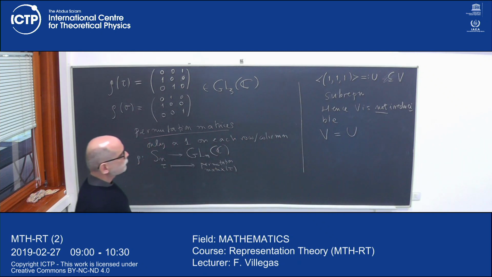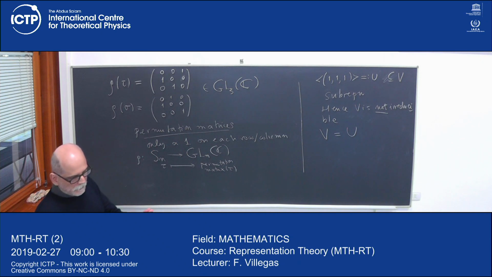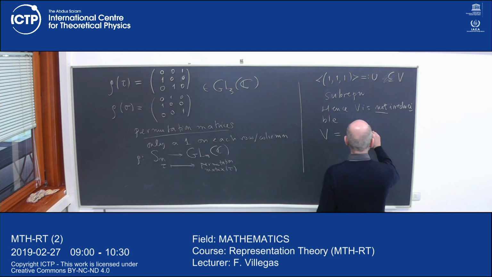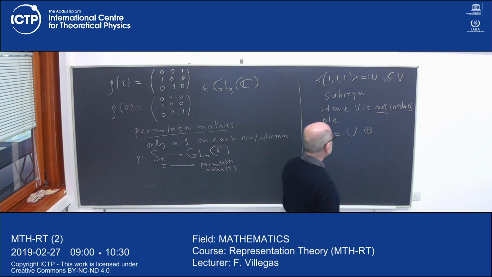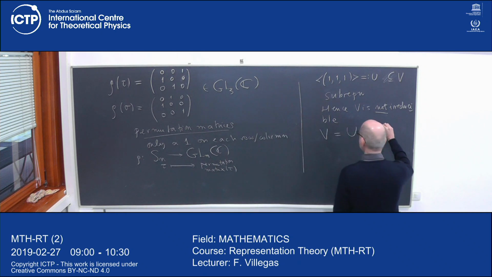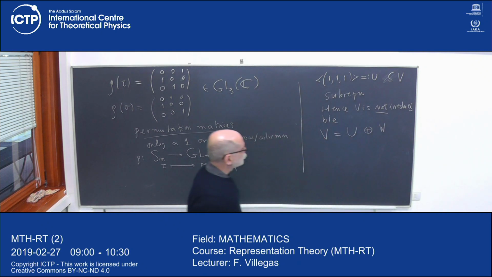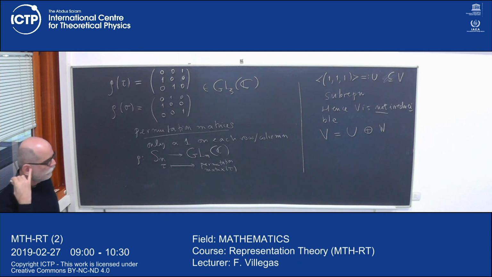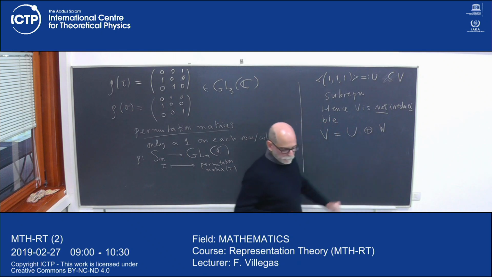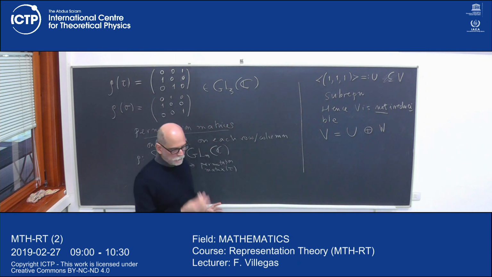and if you have a vector space and a subspace, then you can always find a complementary subspace. But what we are interested in is the world of representations. What we'd like to decide is whether there's a complement to this subspace U that is also a representation.